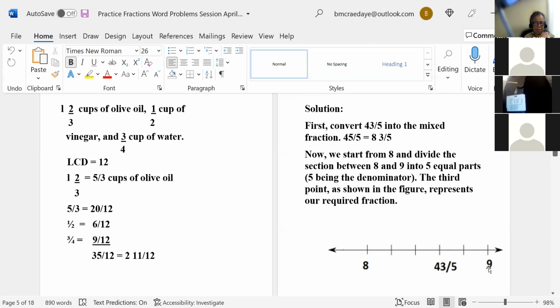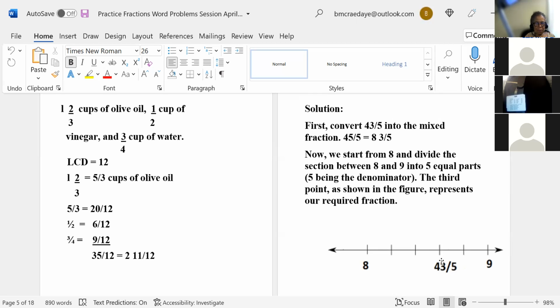But since we're working in fifths, we divide this into 5 parts. All right, so 8 and 3/5 will be starting at the 8. That line is 1/5, 2/5, now 3/5. So that's where 43 over 5 would be on the number line. The reason I'm showing you this example is that we'll have some problems where you've got to find things on the number line. Okay. Any questions on this example?